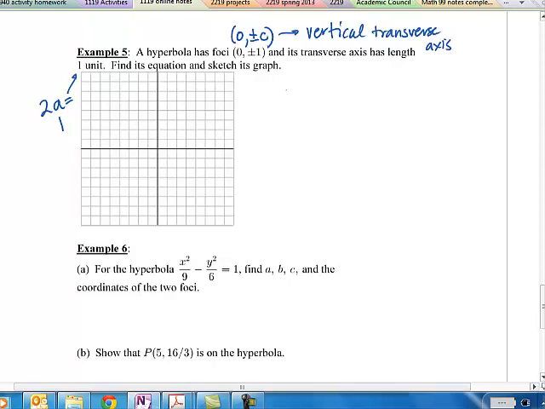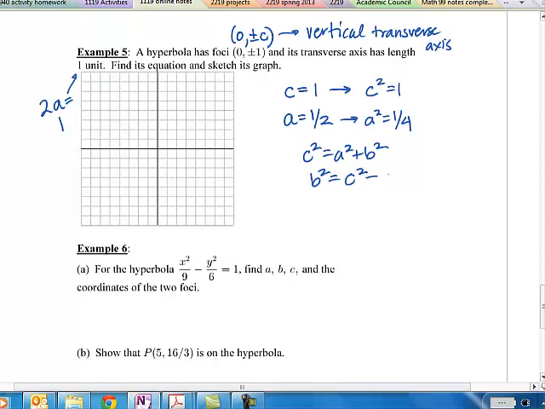So putting this together, we've got c is 1, a is a half, c squared would be 1, a squared would be a fourth, and we always know that c squared is a squared plus b squared. So b squared would be c squared minus a squared.